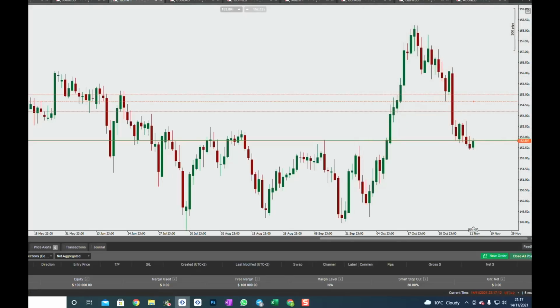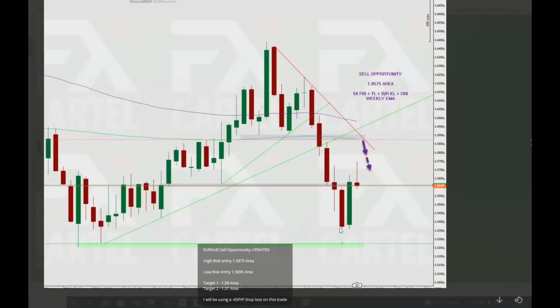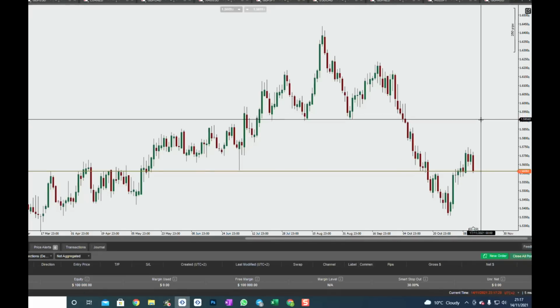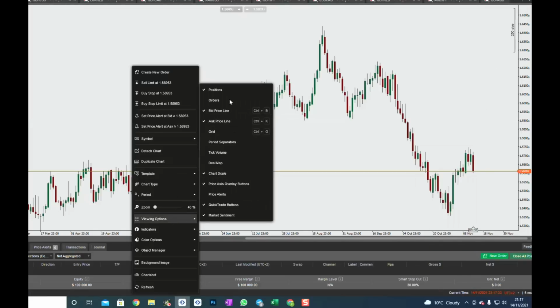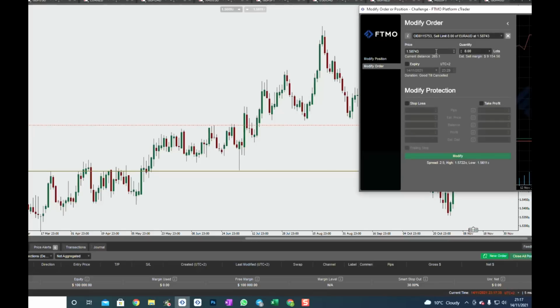We just find Euro AUD. It was 1.875 area. I don't think we're going to see it this week, but we might do at some point. So let's just set the pending for now. 875.